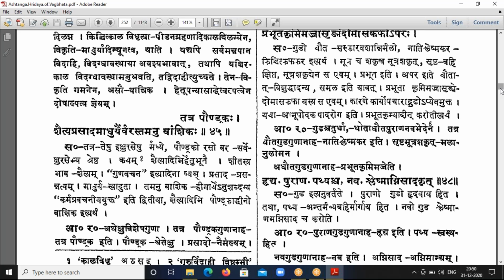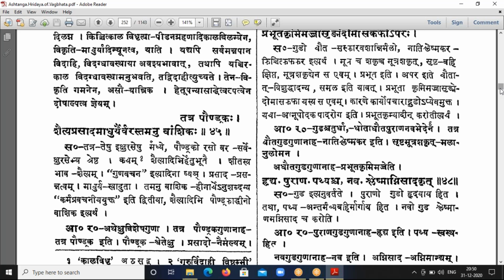Paundrakaha, the variety of Ikshu known by the name Paundragam, is supposed to be the Shreshtham, the best. Because Shaitya Prasada Madhuryaihi: its Shaitya, Shitavirya, Prasada, Madhuryam are considered the best among all types of Ikshu. So, Paundragam is the best variety of Ikshu.